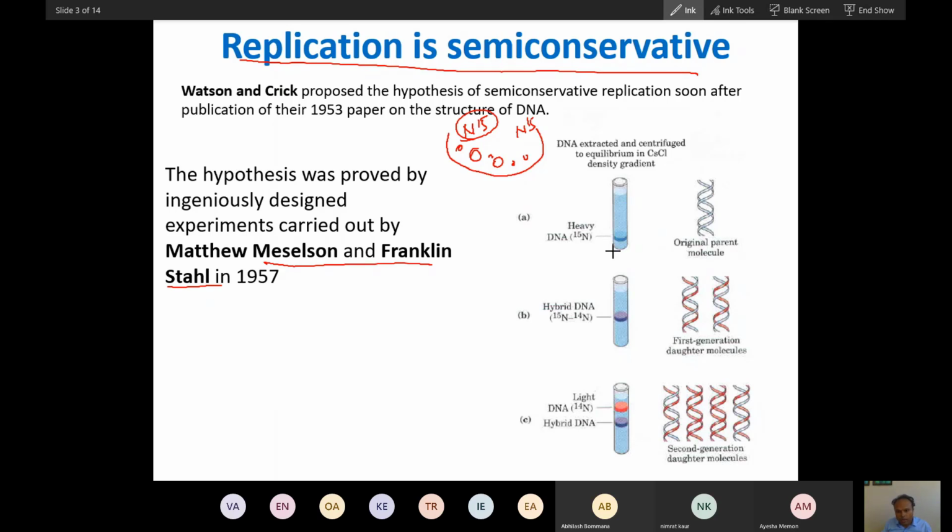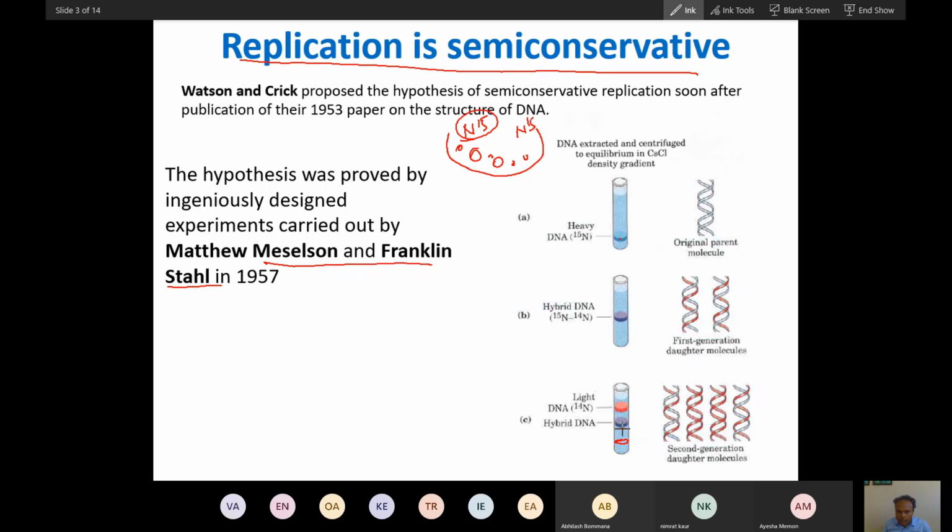This DNA was put in a test tube and made to replicate. After replication, the DNA was centrifuged. After centrifugation, they got a hybrid region. You can see that at the bottom region there is no heavy DNA. There was hybrid DNA and there was light DNA.